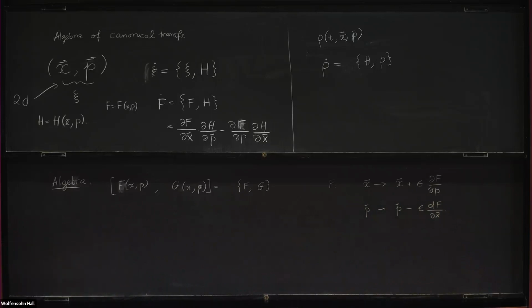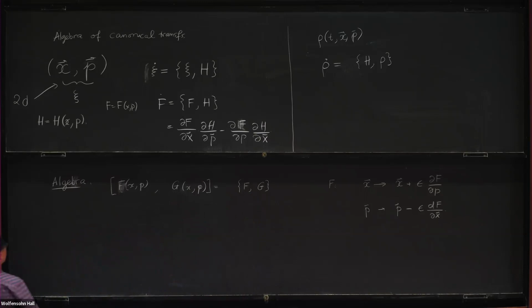This infinitesimal transformation preserves the Poisson bracket, and so it is a canonical transformation. Two of these transformations commute to another canonical transformation given by the Poisson bracket of the two functions.